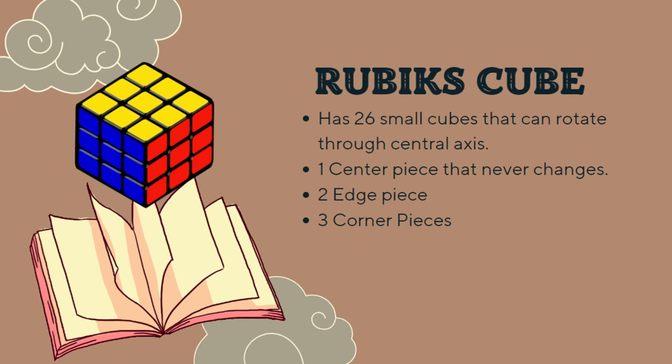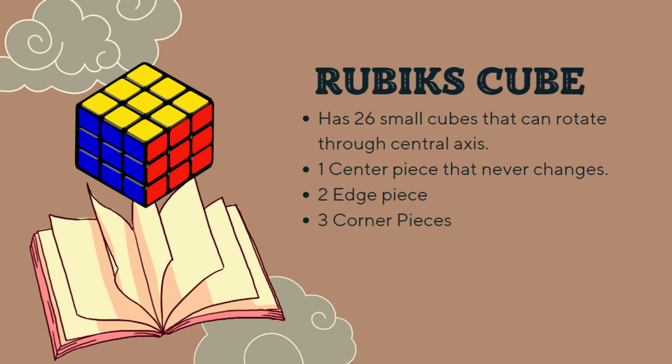Overall it has 26 small cubes that can rotate, and it also has center pieces that never change, for example the yellow one, as you've seen in the presentation. It will never change as you solve it. So your goal is to solve it with the same center pieces.